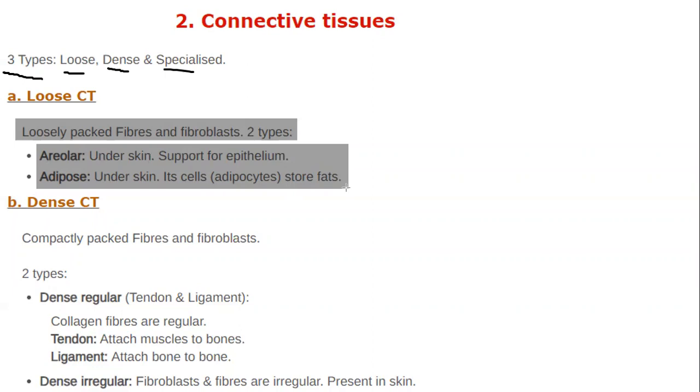Areolar connective tissue is present beneath the skin and contains fibroblasts, which produce and secrete fibers, and macrophages and mast cells. These are the components of areolar connective tissue. So what are the components of areolar connective tissue?